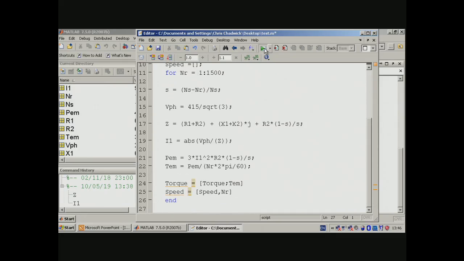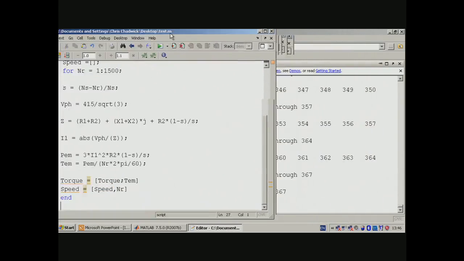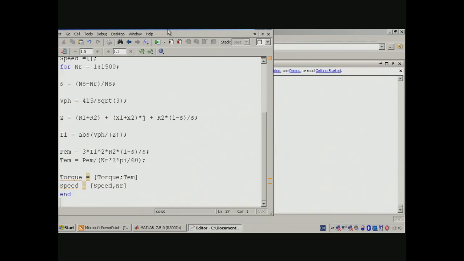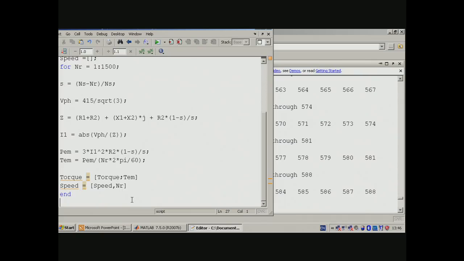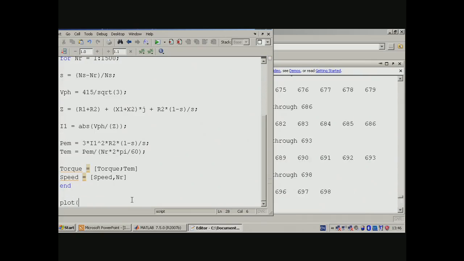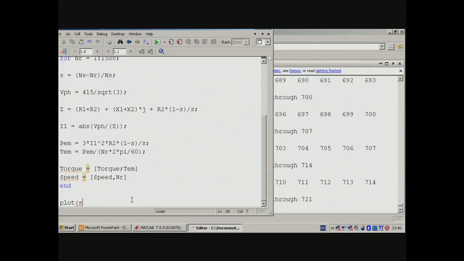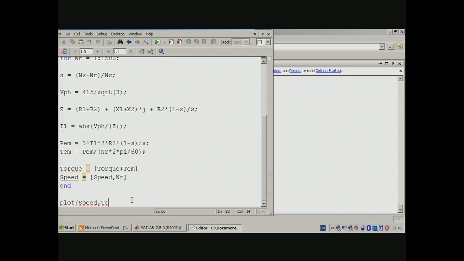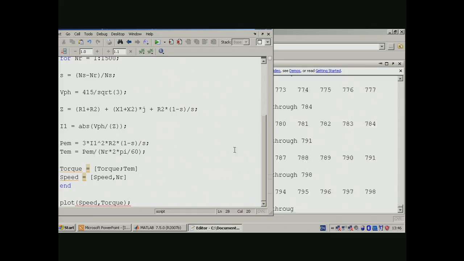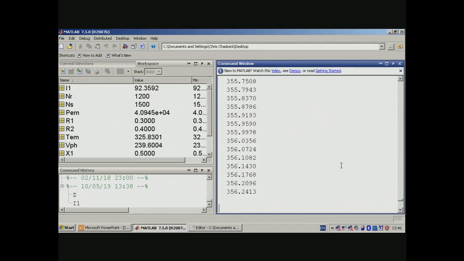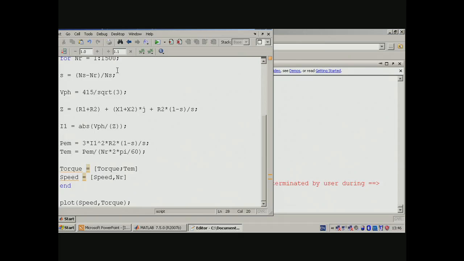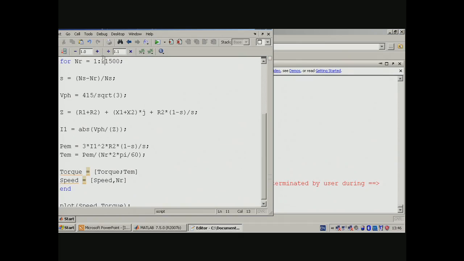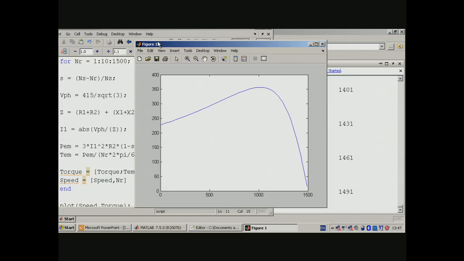Then you'll have a range of values, and then you can plot the torque against speed. I think this is taking too long, so I'll do increments of 10. Okay, so that's the torque-speed profile for that particular machine.